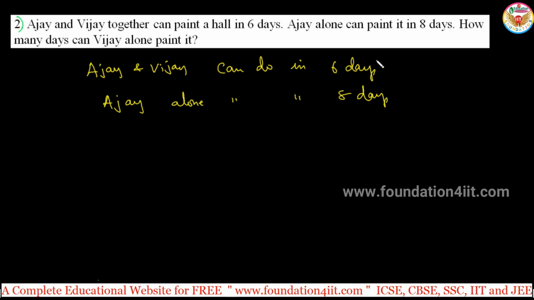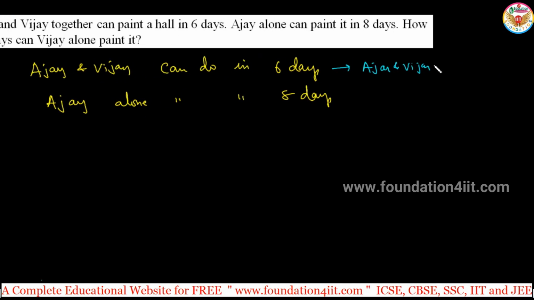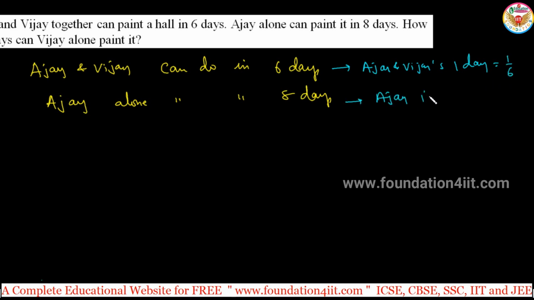Now according to this, these two together take 6 days. That means Ajay and Vijay in 1 day can do 1/6 part. Only Ajay in 1 day does 1/8.